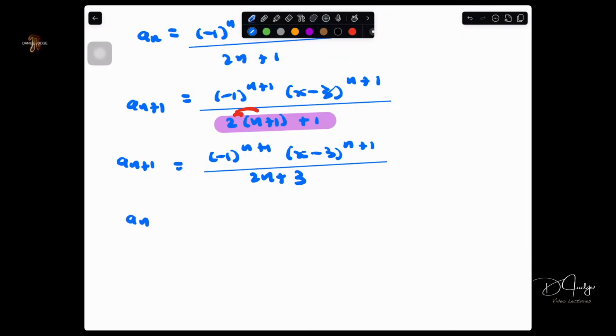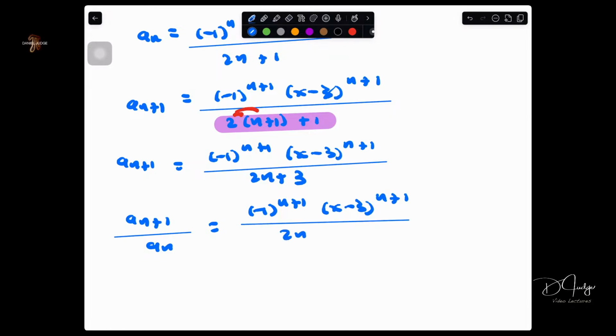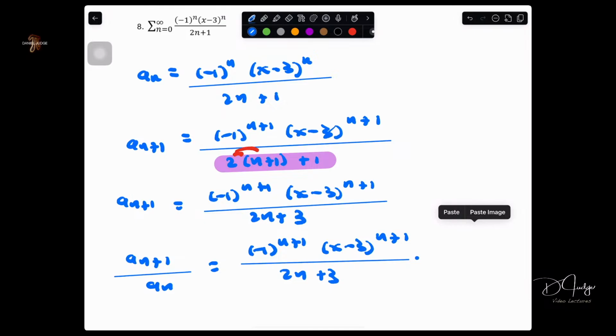So the ratio of a to the n plus 1 over a to the n will give you negative 1 to the n plus 1, x minus 3 to the n plus 1, over 2n plus 3, times the reciprocal of a n.